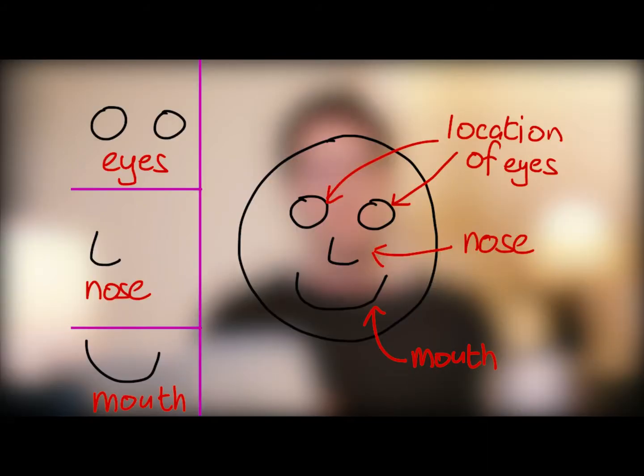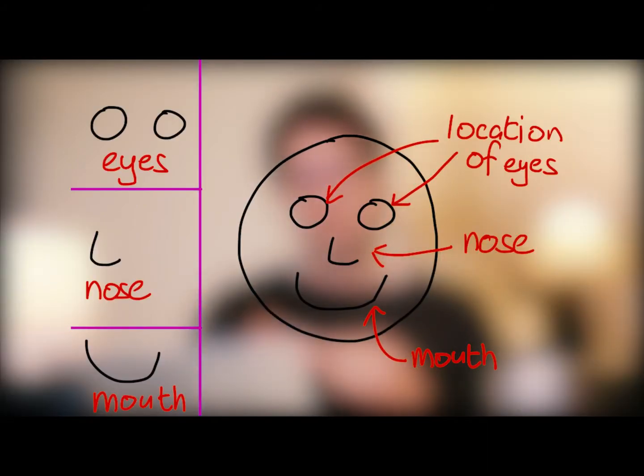For example, we can recognize a human by the fact that we can see 2 eyes, a nose and a mouth, and the location of the nose with respect to the eyes and the location of the mouth with respect to the nose, and so on and so forth. So in other words, we can abstract all of these visual concepts and recognize people, cats and dogs, for example. And that's the same idea with the convolutional neural network.